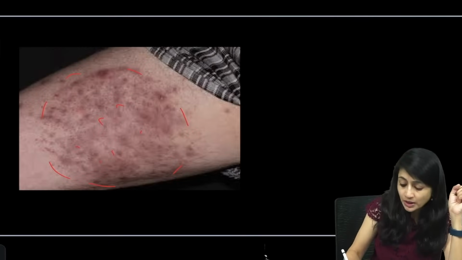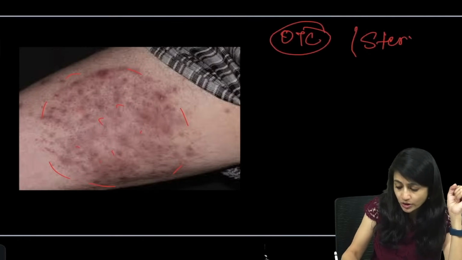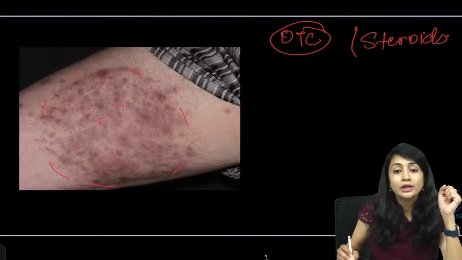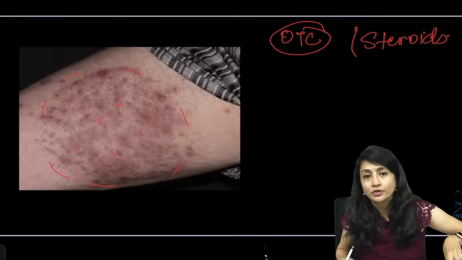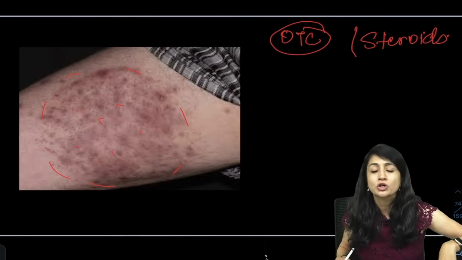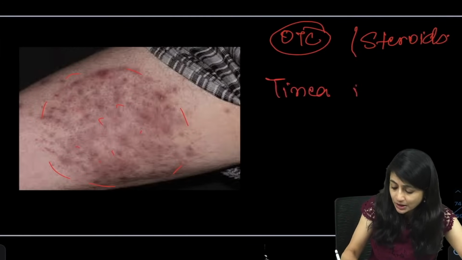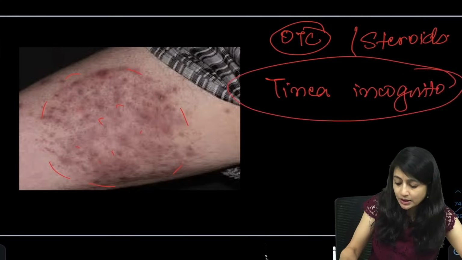Hint here would be use of OTC products or use of steroids. Usually these patients are patients of tinea corporis who have used steroids, and because of steroids the picture has become modified and now it has become tinea incognito or hidden tinea.